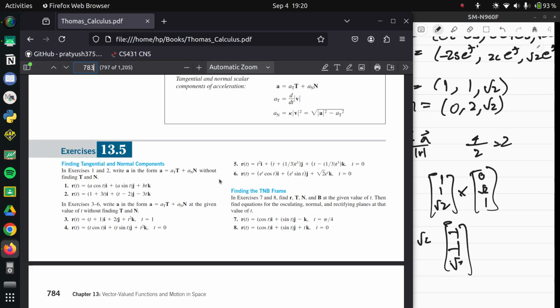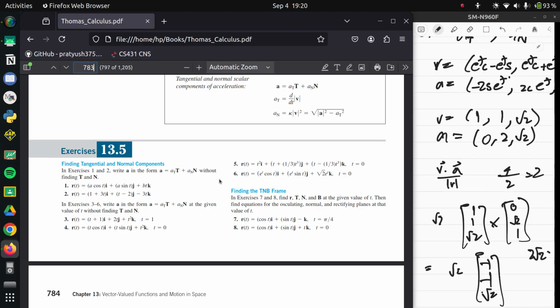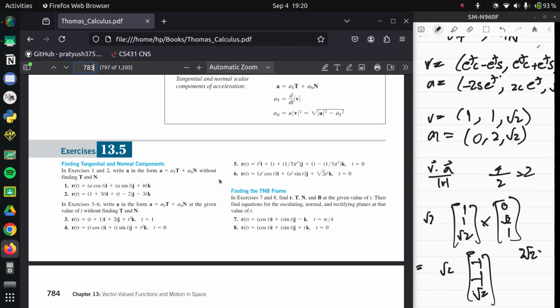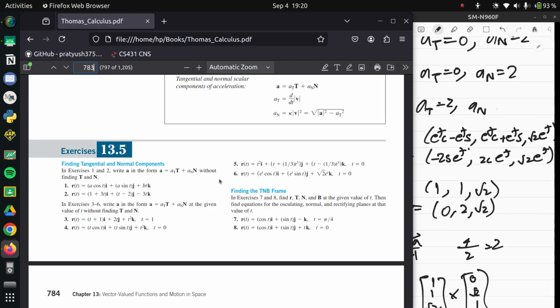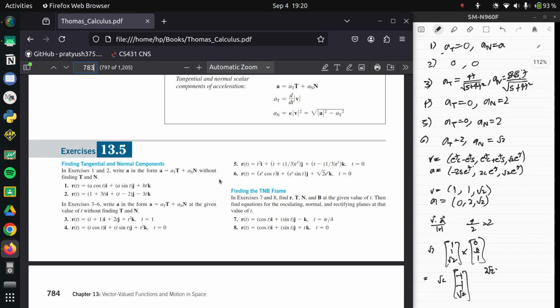We want the magnitude of this, which is square root 2 times the square root of 2 plus 1 plus 1, which is 4, so that's 2, so 2 square root 2 upon the velocity, which is also 2, so this is just the square root of 2, it seems. Sure, yeah, I guess that's the way it is.